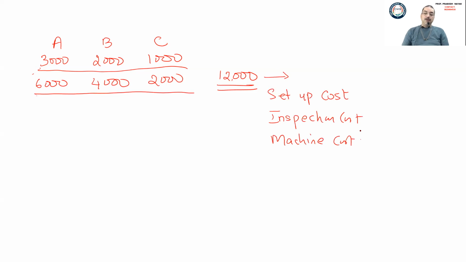This part is traditional costing. Now, I tell you that setup cost is something like 3,000. Inspection cost is something like 4,000, or let us make that also 3,000. And this is 6,000.